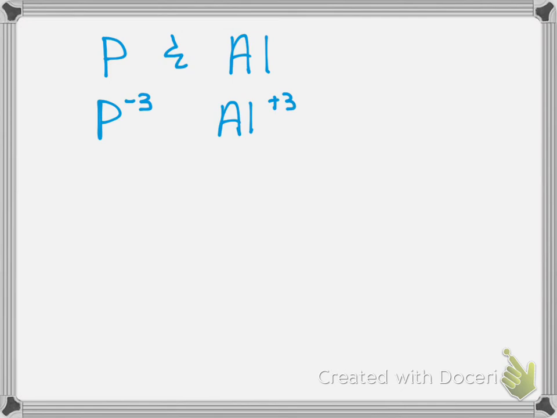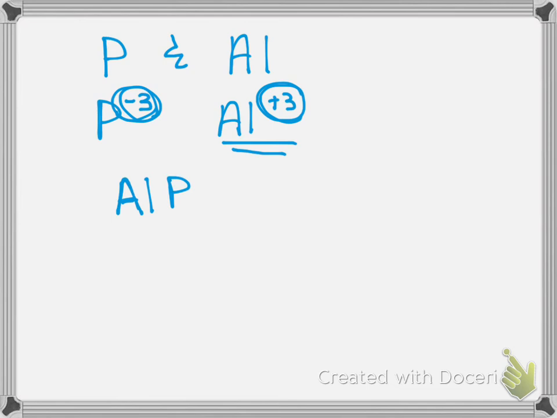But when I go to write the formula, I don't do PAl because the cation has to come first. So I would move that around and say the formula is AlP, right? +3 and -3 cancel each other out, so it goes together perfectly. But the cation, aluminum, has to be listed first. Okay, it has to be listed first. So this is the chemical formula.